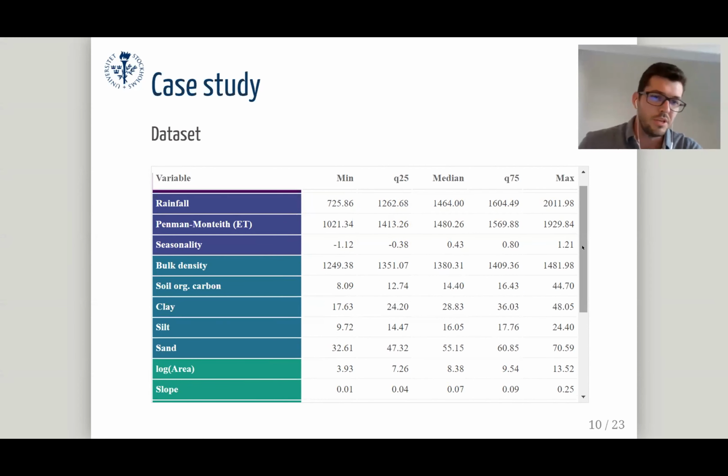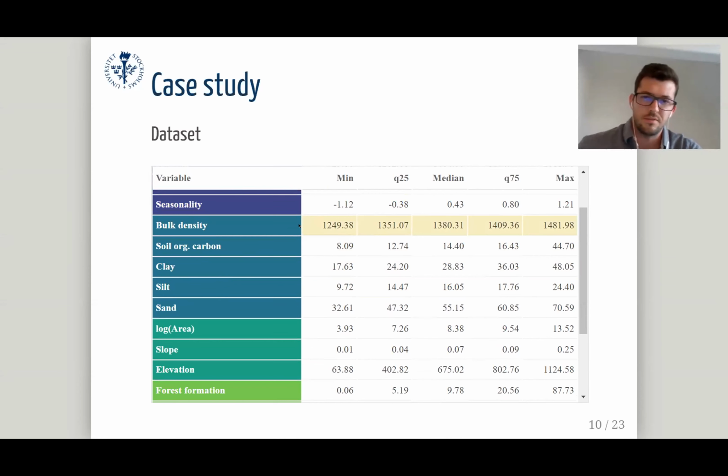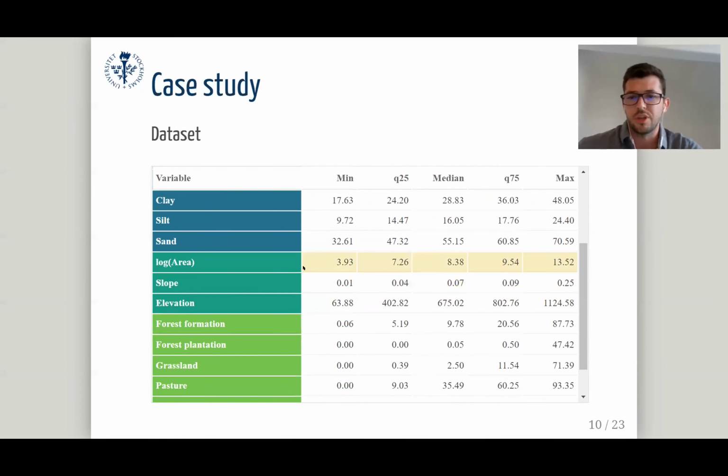We have some soil characteristics from the SoilGrids data set. There's the log-transformed area, average slope of the catchment, average elevation, and some land use cover characteristics from the MapBiomas project, which is a data set for land use cover in Brazil.